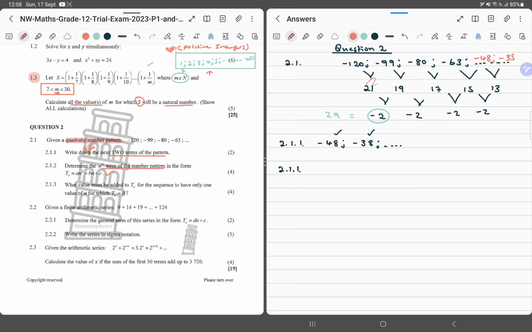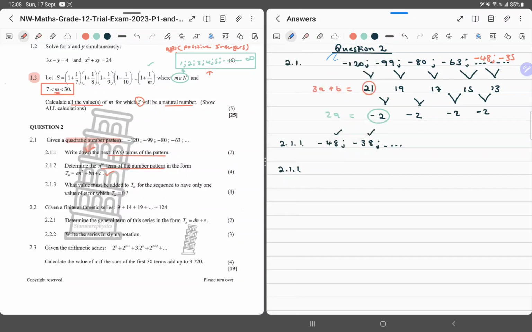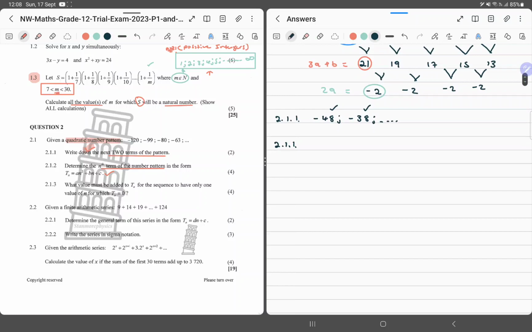And then we know that the very first term of the first differences can be denoted as 3a plus b, okay? And obviously, we also know that the very first term of our quadratic number pattern is actually denoted as a plus b plus c, okay? So these are some of the things that should come quick in your mind, because why not?